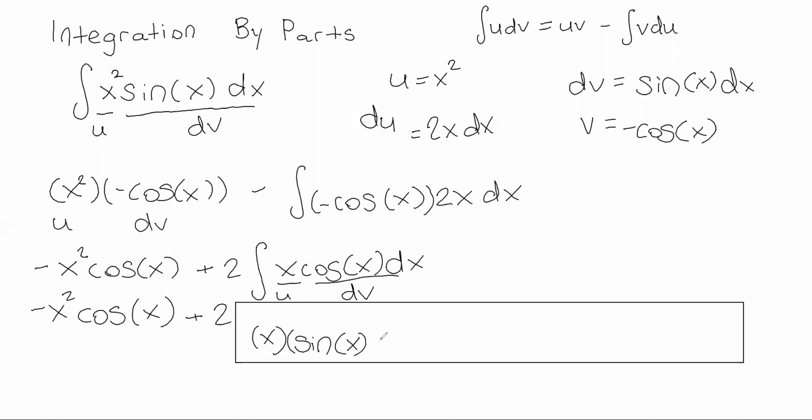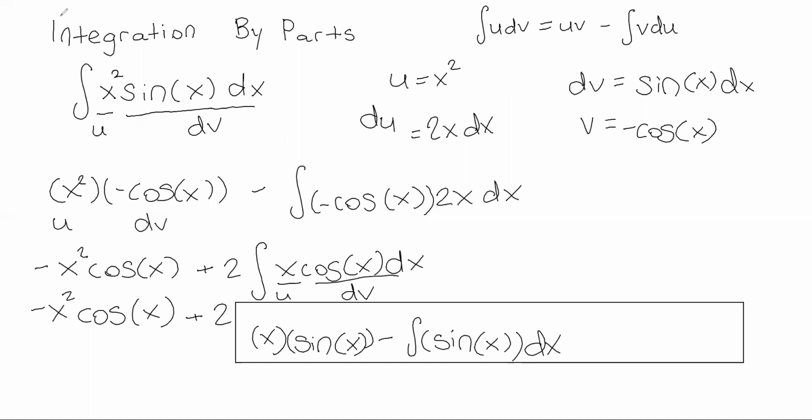And then we have minus the integral of v times du. V is still going to be the sine of x from before, just used that. And then we just have to finish it off with du. Du is going to be the derivative of x, which is just going to be 1 dx. All right.